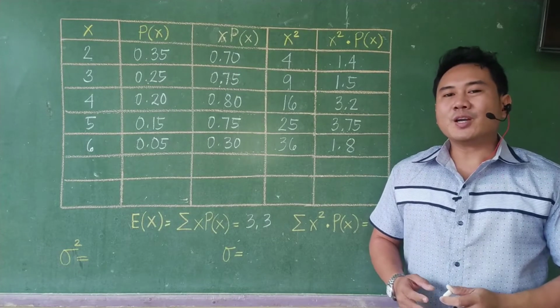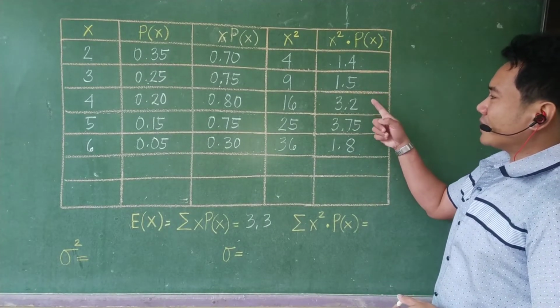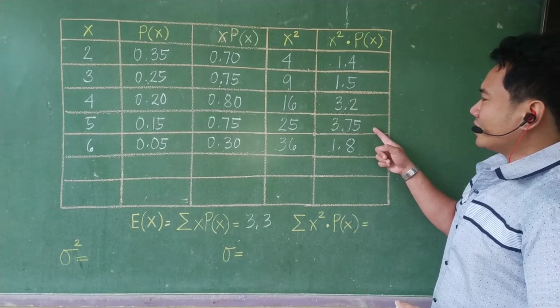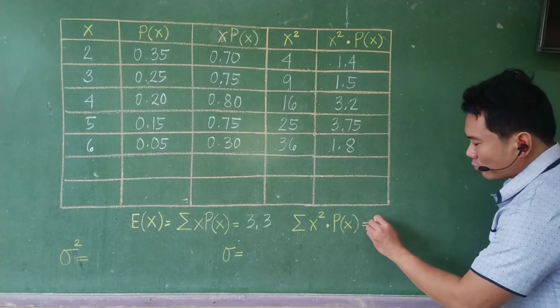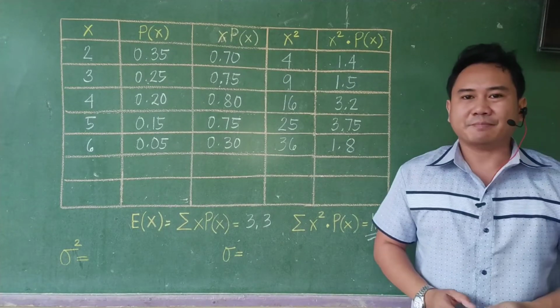And then, we are going to add all the products. 1.4 plus 2.25 plus 3.2 plus 3.75 plus 1.8 equals 12.4.